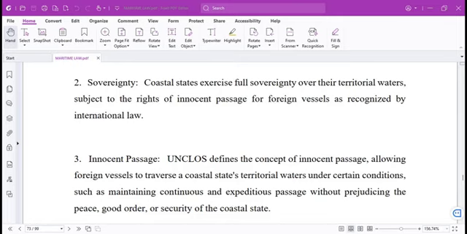Coastal states exercise full sovereignty, full power, full dominance, full control over their territorial water, their jurisdiction, subject to the right of innocent passage for foreign vessels as recognized by international law.